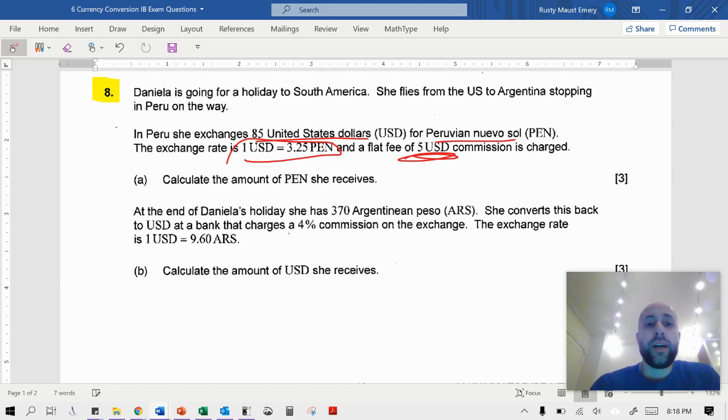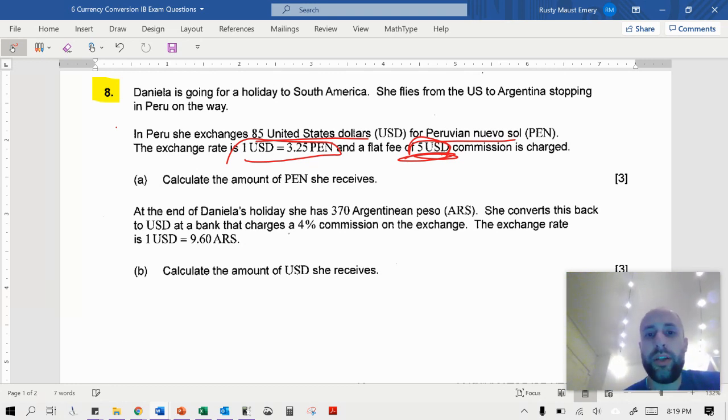First of all, there's a flat fee of $5 US, so right off the bat, we know that we are only going to really be exchanging 80 US dollars. There are a couple of ways you can do conversions. You can set these up as a proportion.